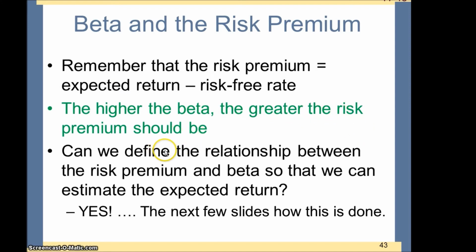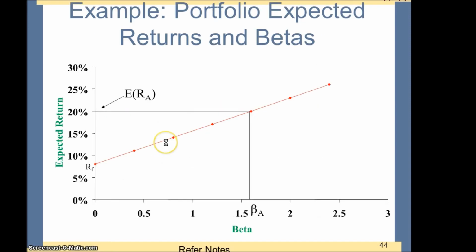Risk premium means the reward. Because of bearing higher beta, higher undiversifiable risk, higher market risk, you are paid with higher reward. So beta is a measure of market risk.